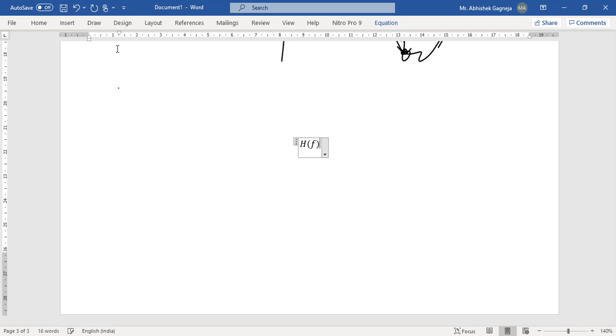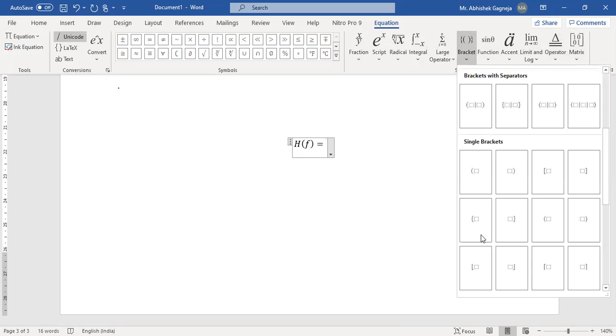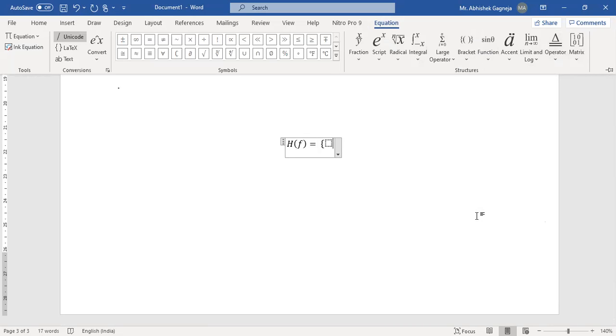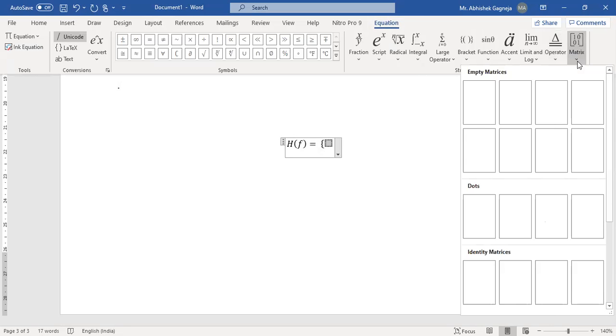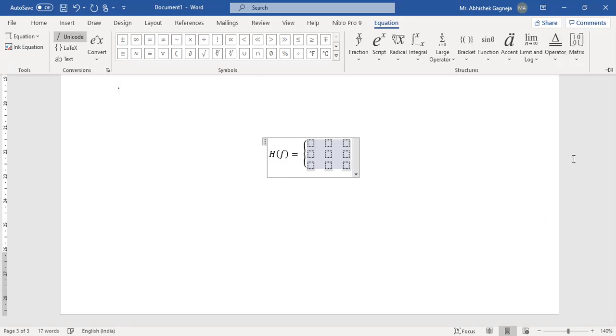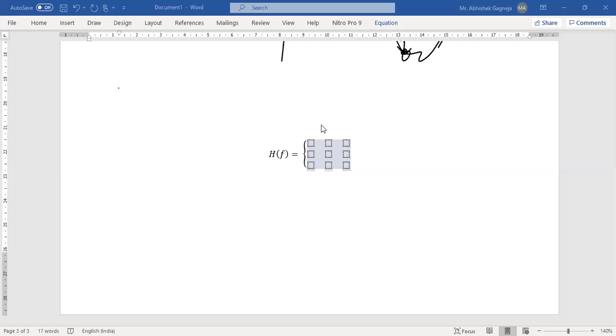So we have H of f is equal to... Now this equation is divided into three parts. Let me describe that. A little too ambitious.